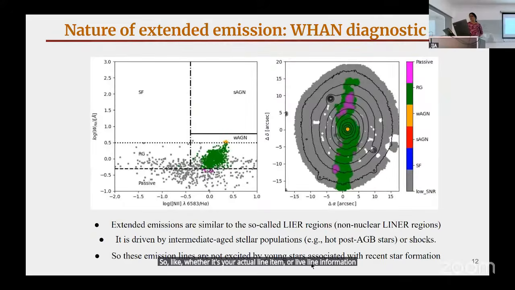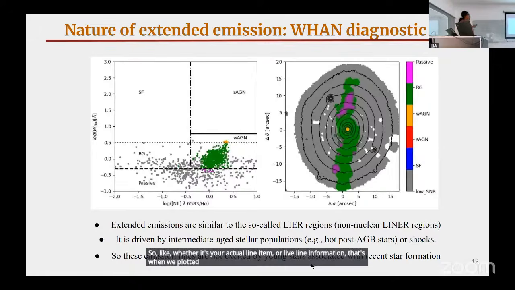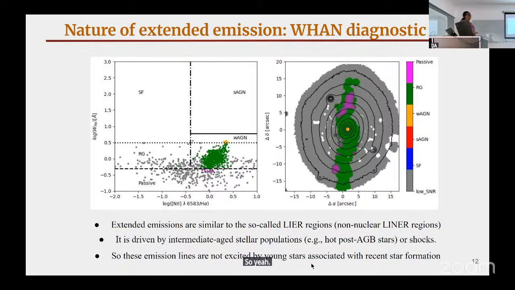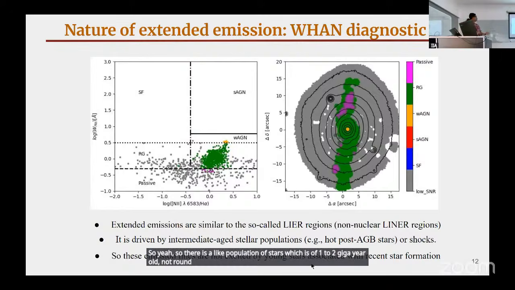That's when we plotted the BPT diagram, and we found that it's actually not extended nuclear emission. The nucleus is there in the center, but the extended emission is RG type emission, which is retired galaxy emission, mostly coming from the post-AGB population. So there is a population of stars which is 1 to 2 gigayears old, not a young population, nor any other age emission.